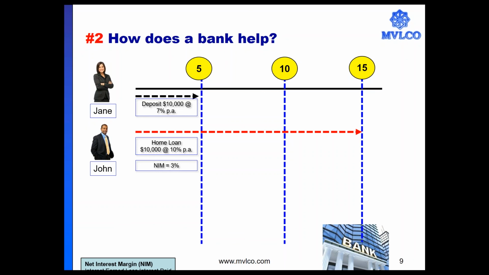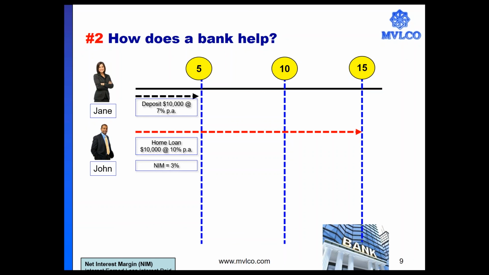For example, the deposit is $15,000, the home loan is $10,000, we have a surplus of $5,000, and we may invest this in the money market, the debt market or the equity market. On the other hand, if the home loan requirement is $15,000 and the deposit is $10,000, the shortfall of $5,000 may be generated by borrowing in the money market, borrowing in the debt market, or selling our investments and generating that money. This is how the mismatches in value will be handled by the bank.